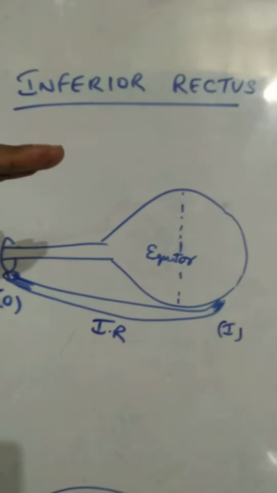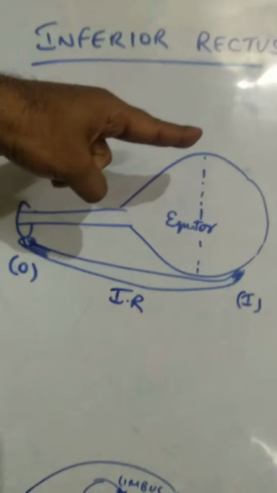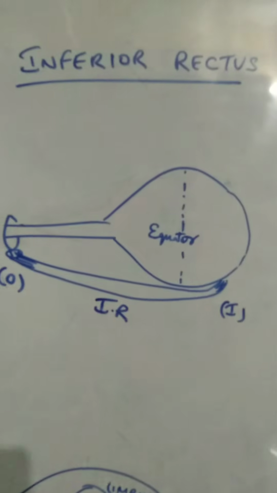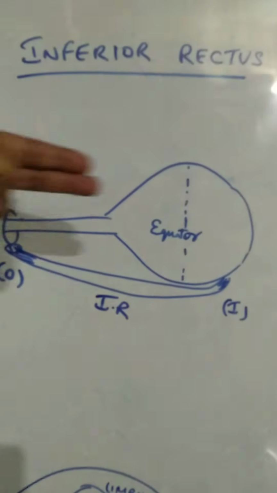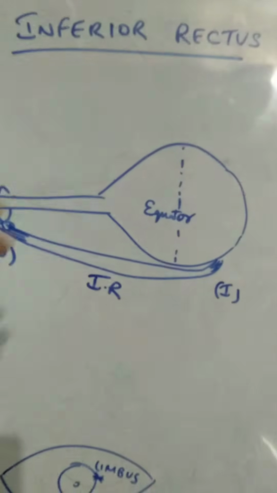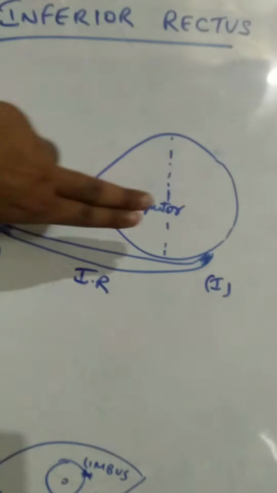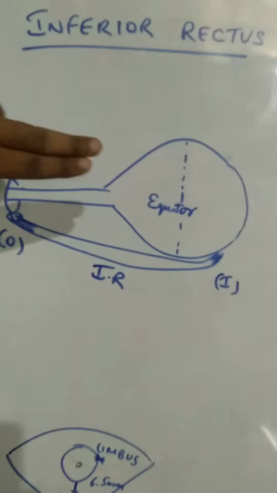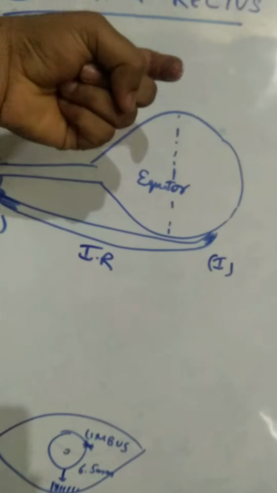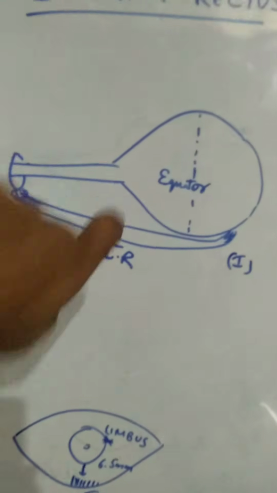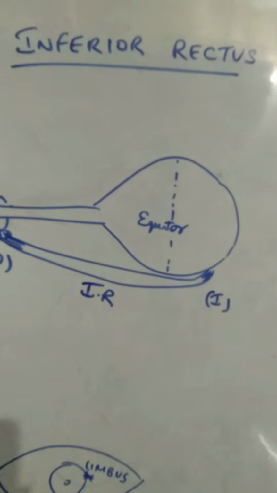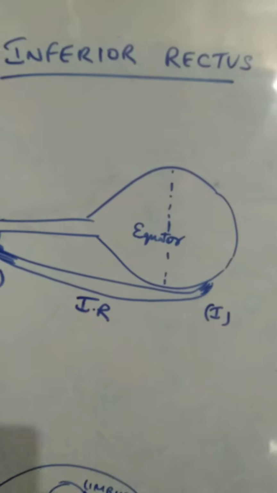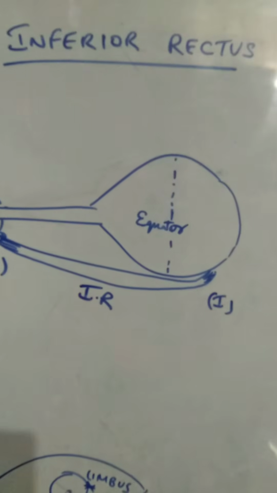They are superior rectus, above and straight; inferior rectus, today's topic, below and straight to the eyeball; medial rectus, closer to the nose, nasal side; lateral rectus, closer to the cheek. All these muscles are going straight: superior, inferior, medial and lateral rectus. But there are some oblique muscles, superior oblique and inferior oblique. So these 6 are extraocular muscles. So inferior rectus is one of the extraocular muscles.